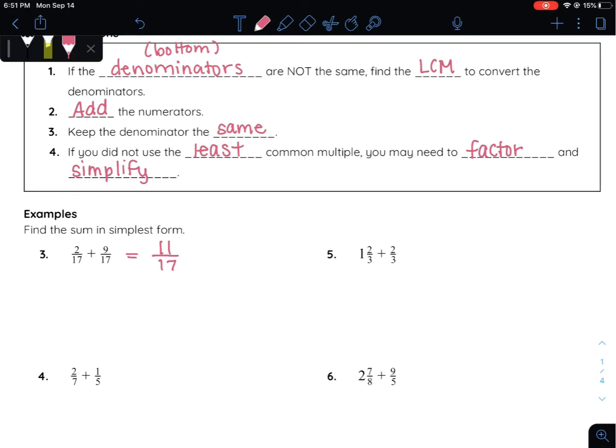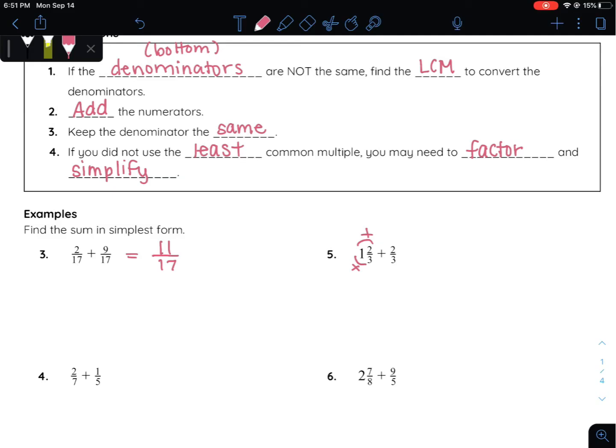Okay? Like in number 5, 1 2/3 plus 2/3. So because I have the thirds, they're the same things. But we just want to make sure that this mixed number gets turned into a fraction first so that we can actually do some math with it. So remember, 3 times 1, and then add to the top.